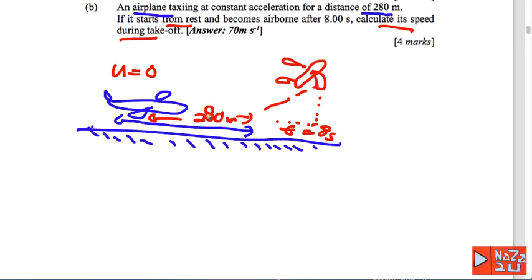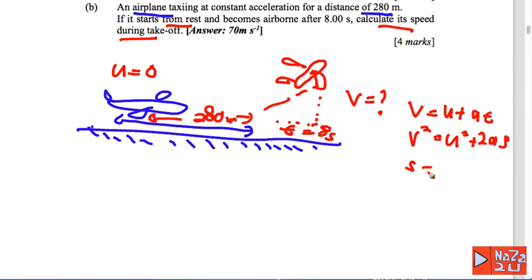So this is the information given. Now, what is the speed v here? Consider the linear motion equations for uniform acceleration: v equals u plus at, v squared equals u squared plus 2as, and s equals ut plus half at squared.